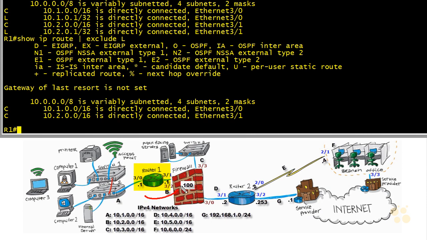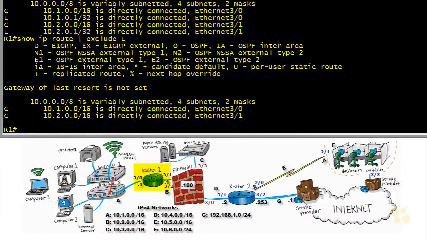So from router 1's perspective, it currently knows how to reach the 10.1 and the 10.2 networks, and that's networks A and B because it is directly connected to both of those networks. And at the moment, router 1 does not know how to reach any networks outside of those two networks that we see right here.